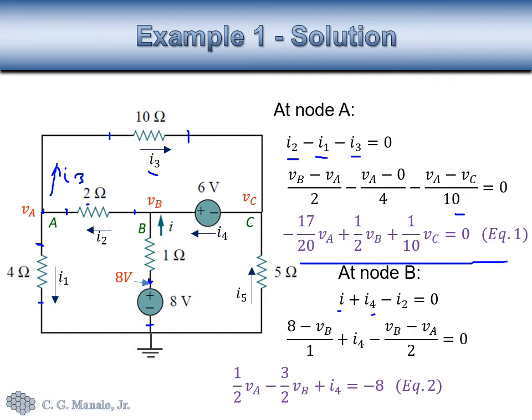So we replace I as the potential here, which is 8, minus the potential here, which is V sub B, divided by 1. So this is here. For I sub 2, that would be the potential here minus the potential there divided by 2. So it's actually the same here.